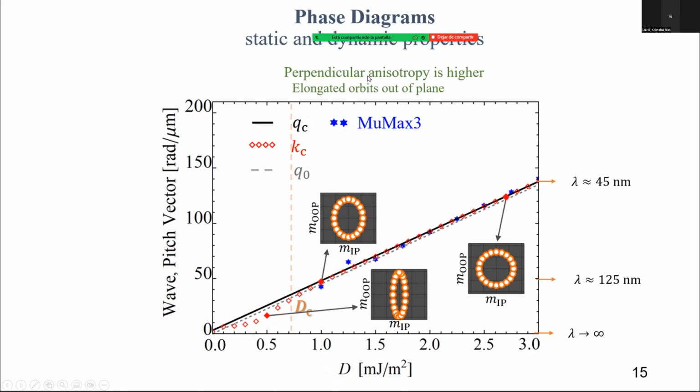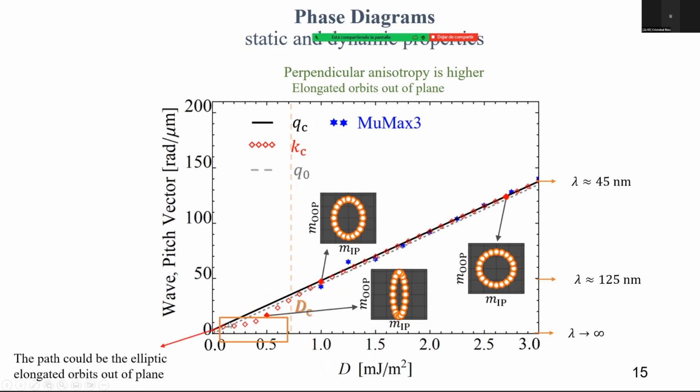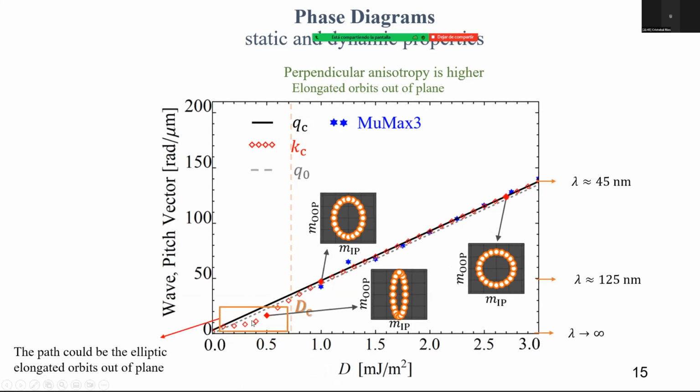And the other case is when the perpendicular anisotropy is higher than the dipolar energy. So we will expect elongated orbits out of the plane, and the same happens. The path of reversion could be an elliptic elongated orbit, but in this case, out of plane.